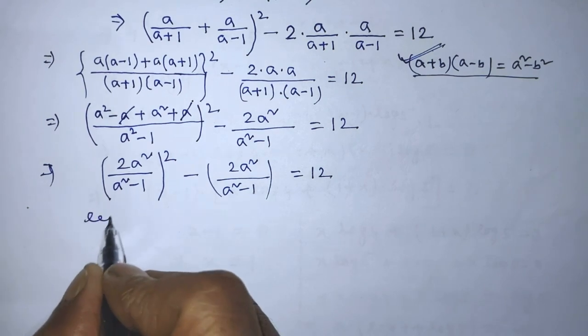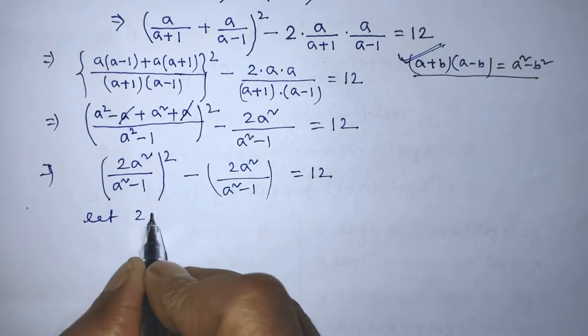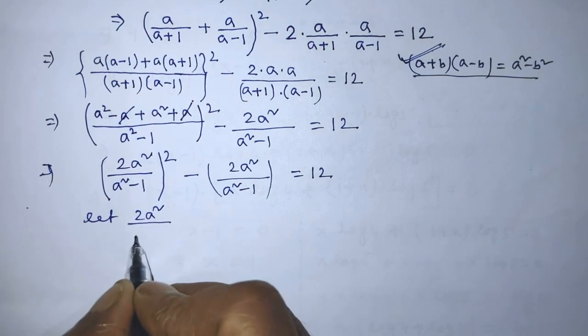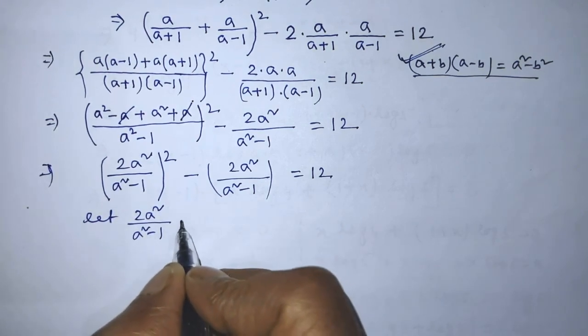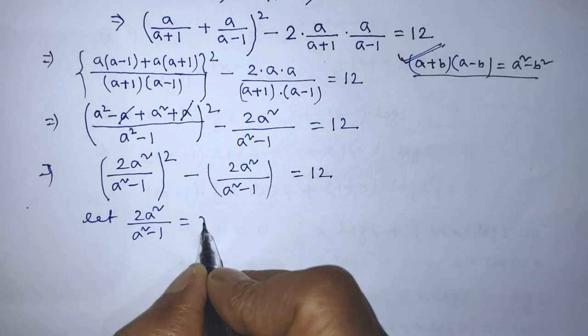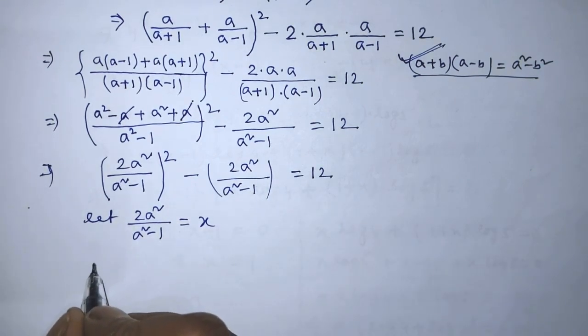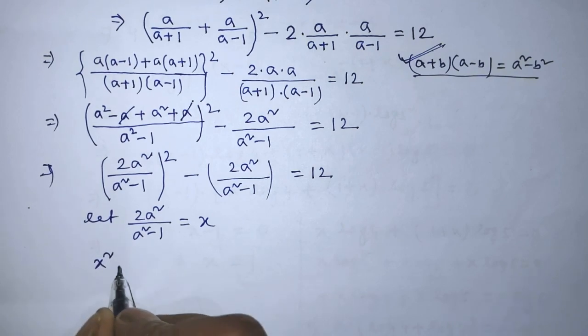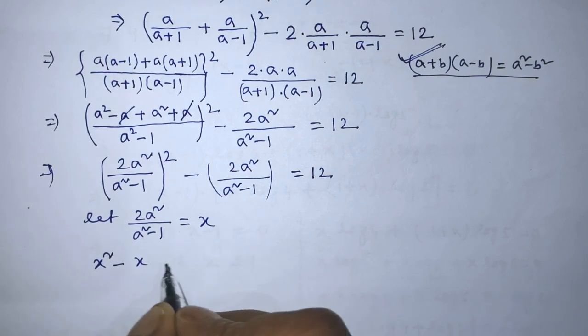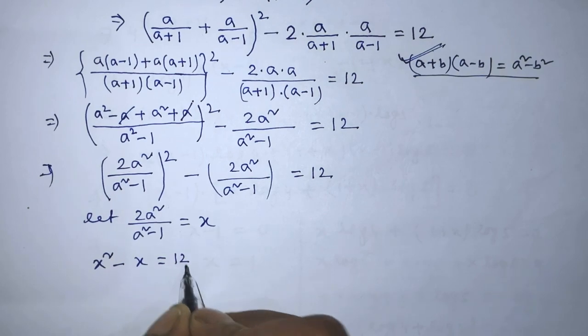Student, let 2 a square over a square minus 1 be equal to x. Then this equation becomes x square minus x is equal to 12.